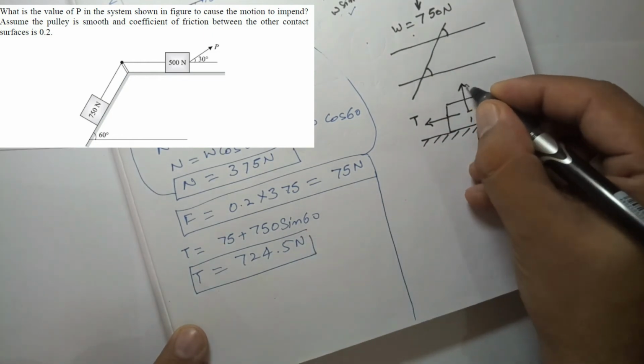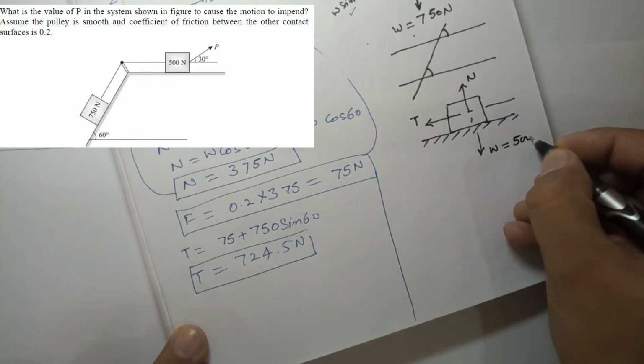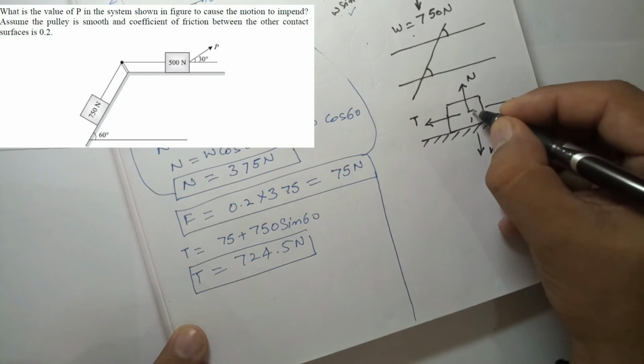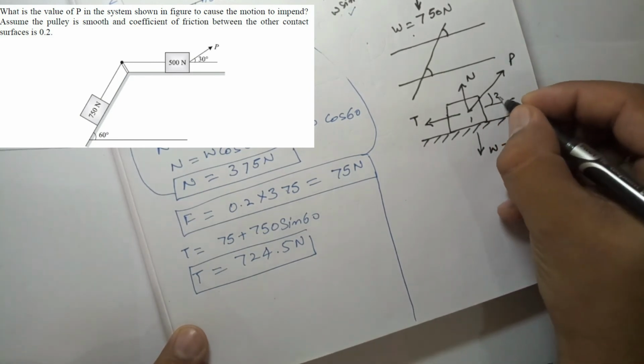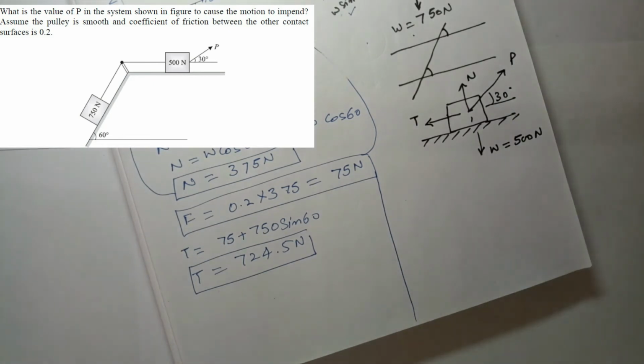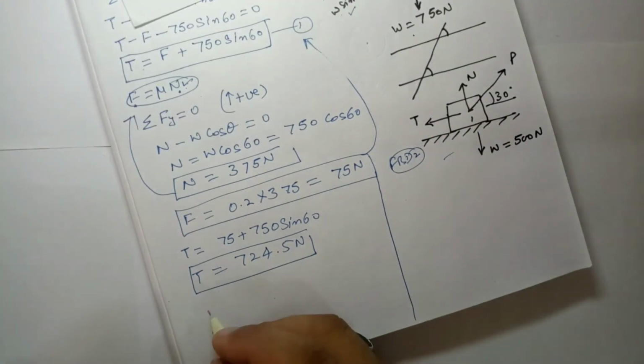This is the normal reaction N. This is the W, that is equal to 500 Newton, and this is the direction of P, the applied force, at an angle of 30 degrees. So this is the free body diagram for the second object. Now we have to just make the equilibrium condition.